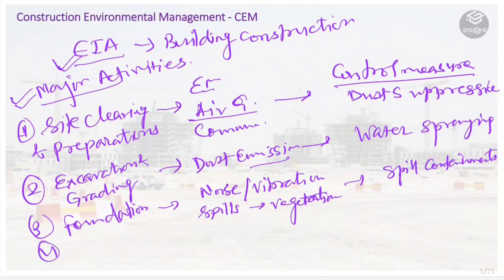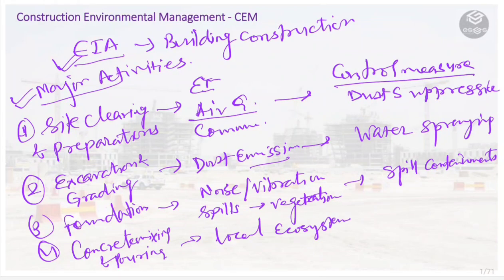Okay. The next activity comes: concrete mixing and pouring. I am taking some major activities. So what can be the associated environmental impacts? We can talk about air pollution from dust and emissions, which can degrade the air quality. Also, significant water use and runoff may harm the local ecosystem.